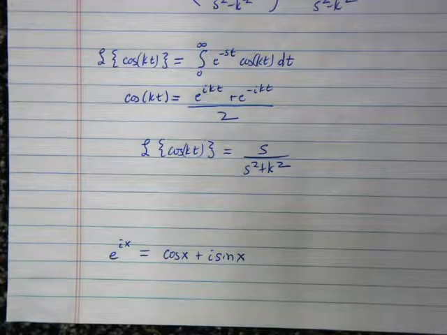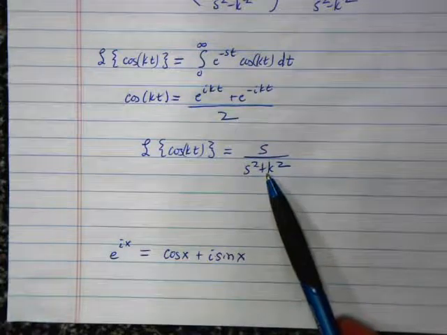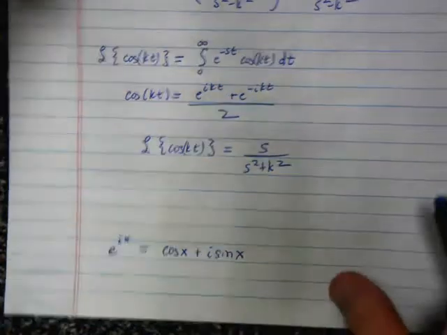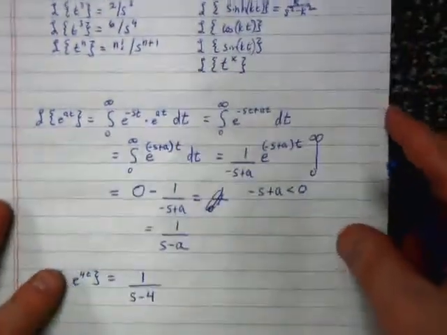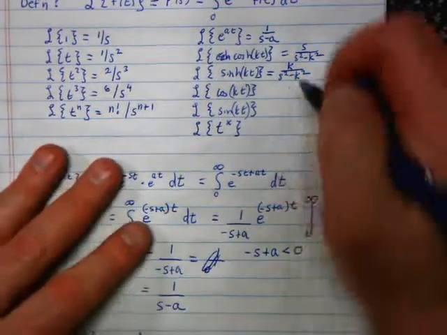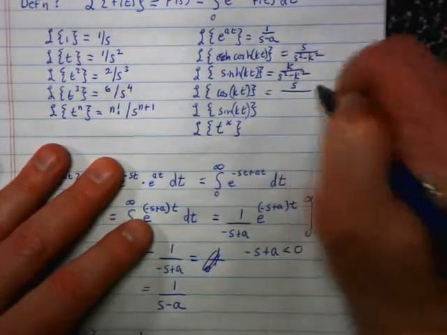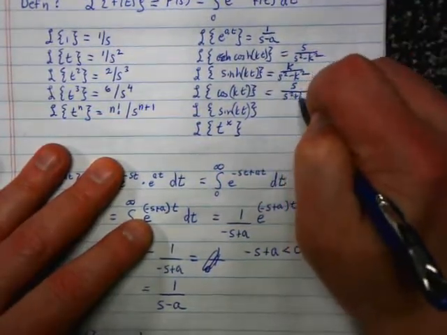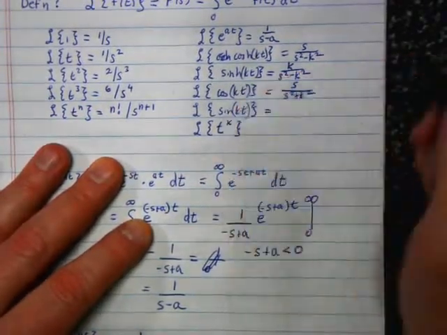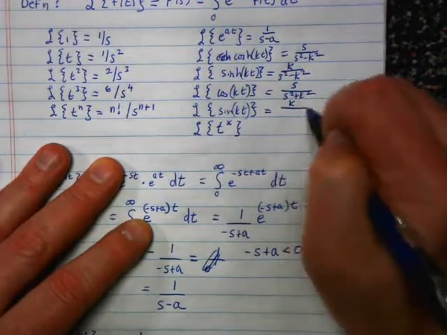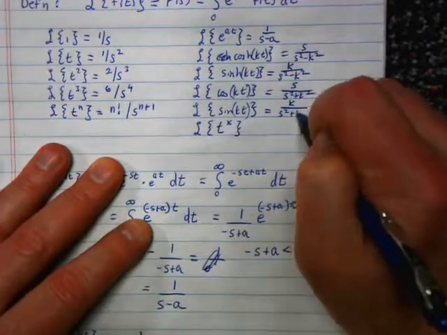And how is that similar to the answer we got for hyperbolic cosine? Hyperbolic cosine had a minus in the middle, but otherwise it's the exact same formula. And in a very similar manner, the Laplace transform of sine kt turns out to be k over s squared plus k squared.